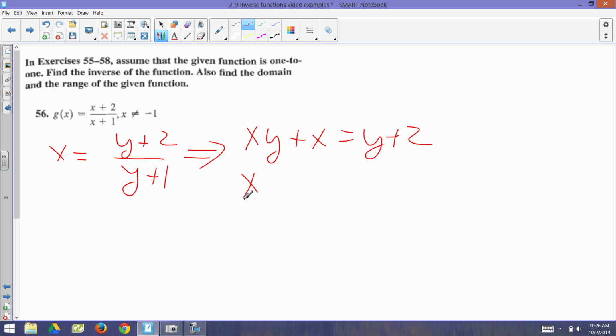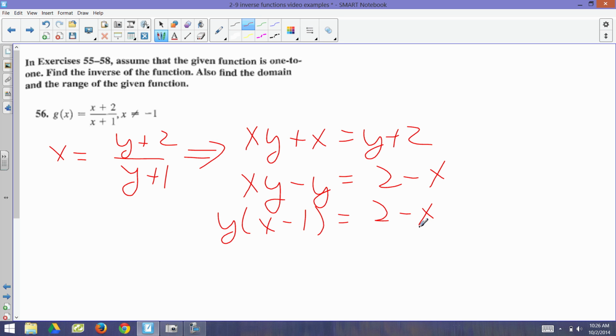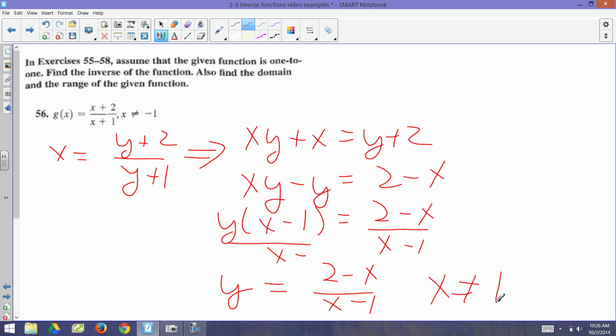Y is on the same side. xy minus y is equal to 2 minus x. Factor out a y. Divide by x minus 1 on each side. And I end up with y is equal to 2 minus x over x minus 1. Domain of this, x cannot equal 1. Okay? So this is my inverse function.